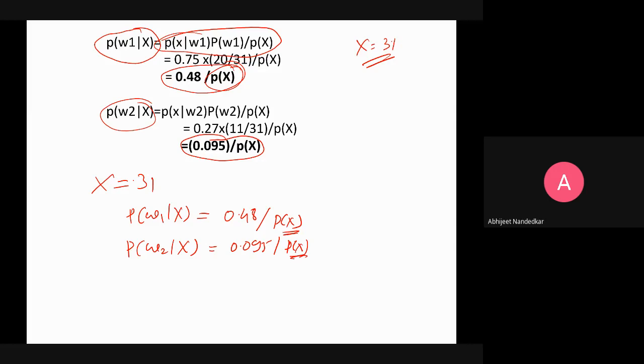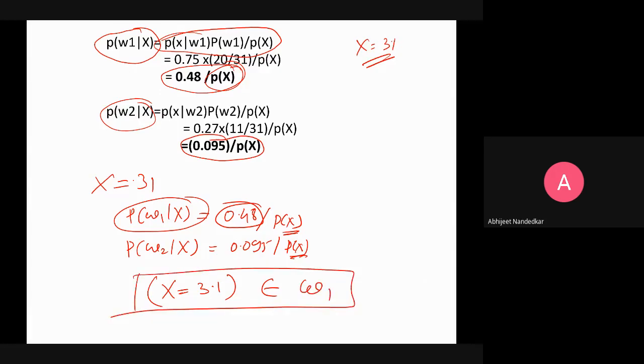Now to take the decision with minimum error using Bayes, we need to choose this particular term since it is higher than 0.095. So my final decision is that x equal to 3.1 belongs to omega 1. This is my classification. I hope you have understood this use of k nearest neighbor estimation.